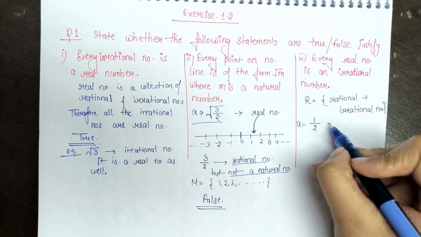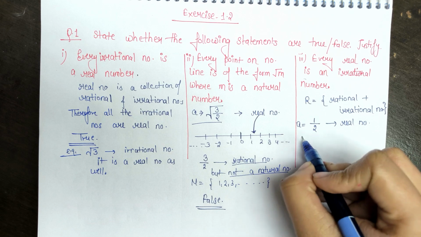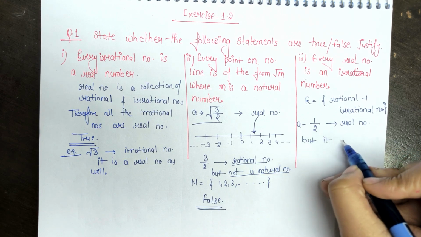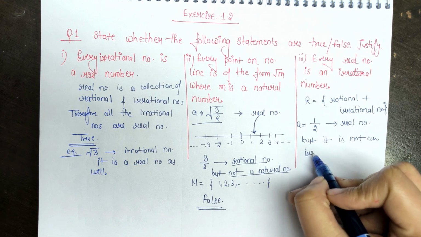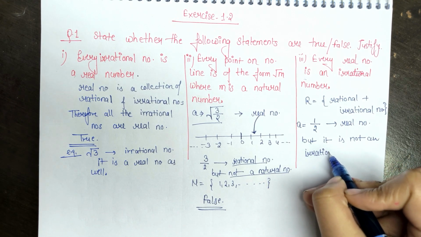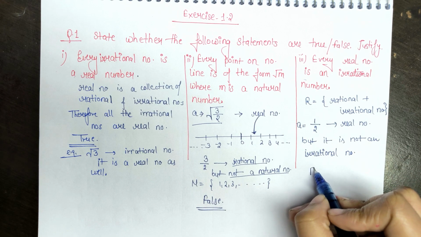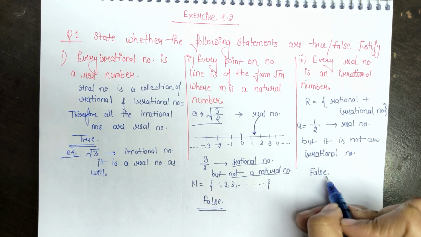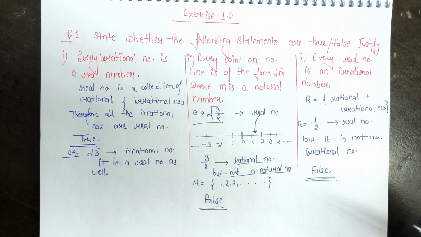Let's take a number 1 by 2. 1 by 2 is a real number, but it is not an irrational number. So the statement given is false. So this statement is not true for all the real numbers.